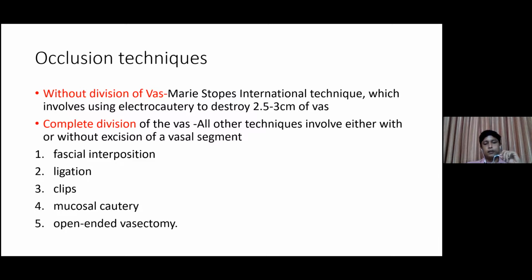After taking the vas, we put one end of the vas inside the perivasal tissues, and leave the other open. Other options are to ligate either end and apply clips, or we can cauterize the vas mucosa bilaterally up to 1 centimeter, and we can do an open-ended vasectomy also.